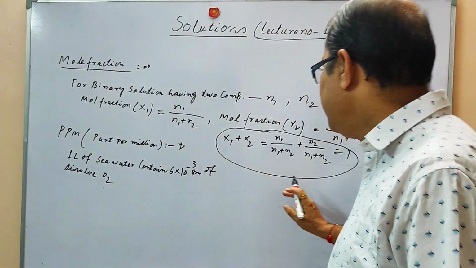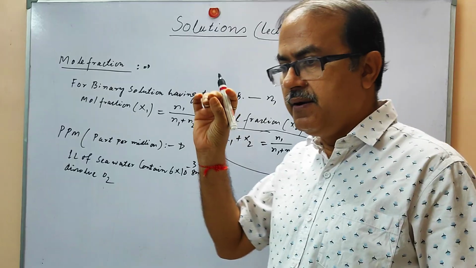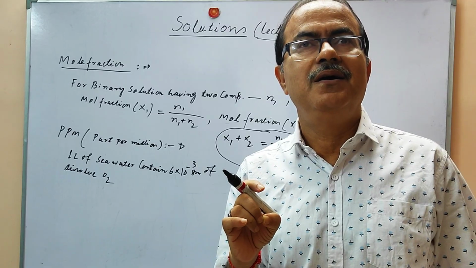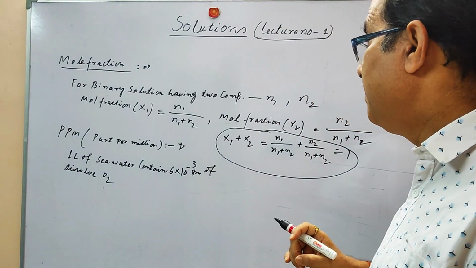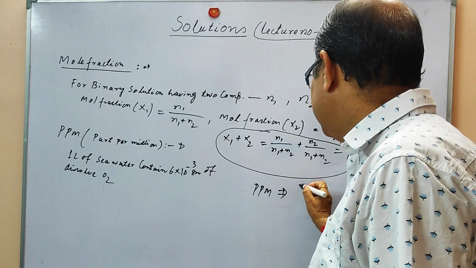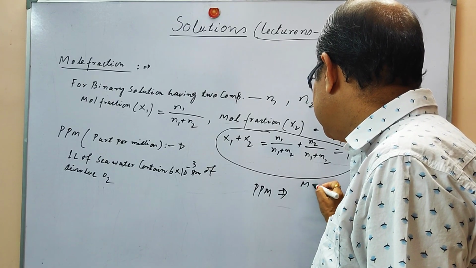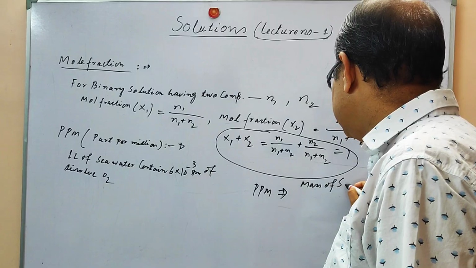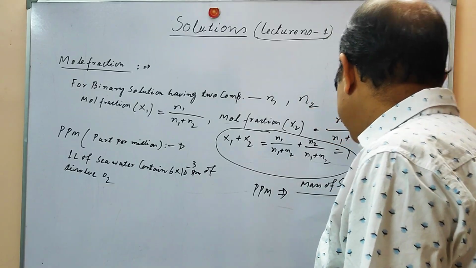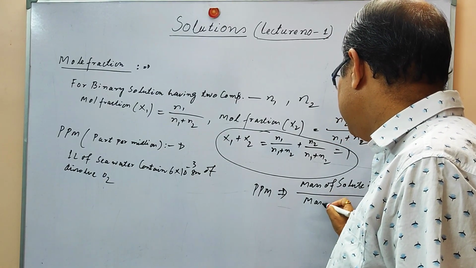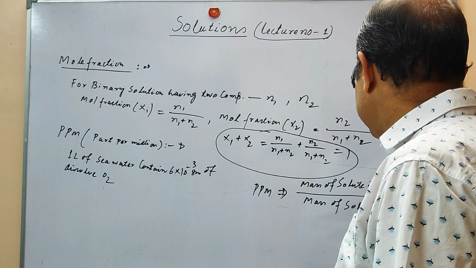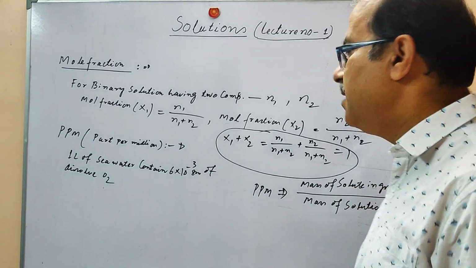What do we mean by parts per million? Let us understand. Parts per million is the gram of solute present in a million grams of the solution. So ppm is the mass of solute in gram divided by the mass of solution, into 10 to the power 6. 10 to the power 6 is for the millions.